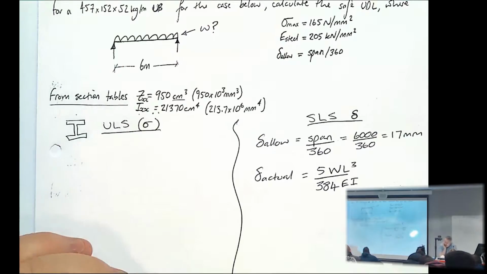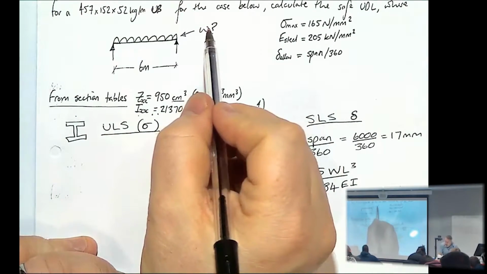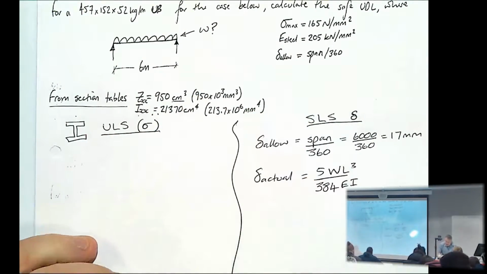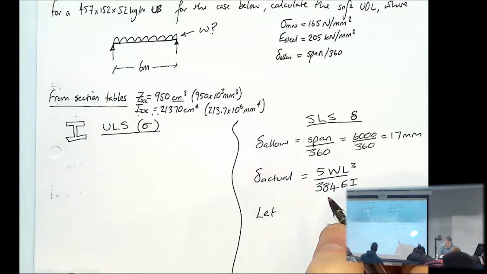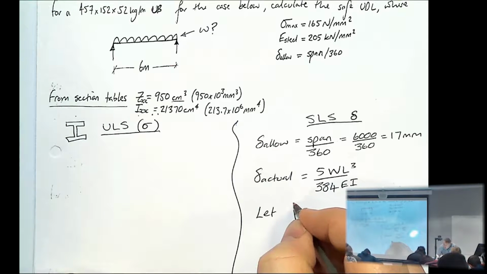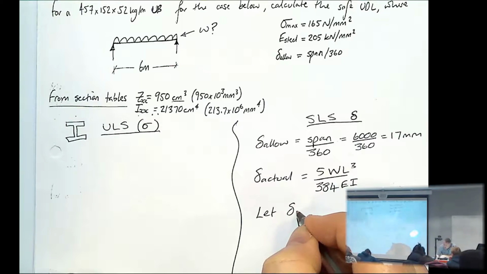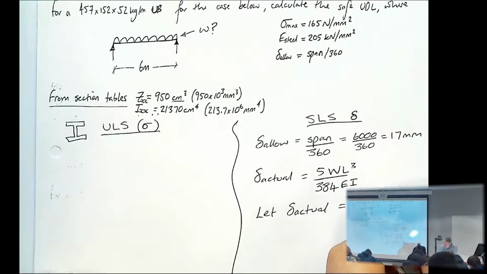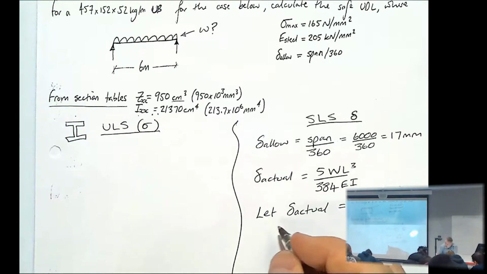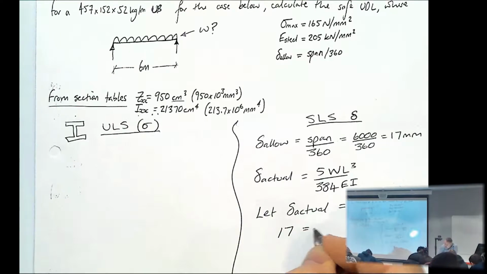The question is, what is W? What can we work out? If we let our actual deflection equal the allowable, we'll have 17 equals 5WL cubed over 384 EI.